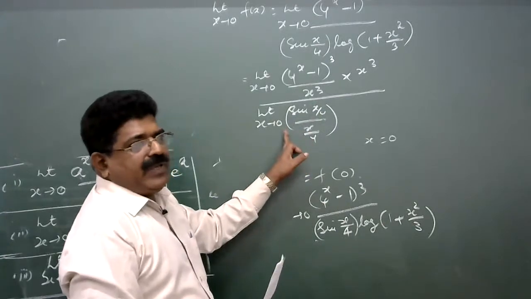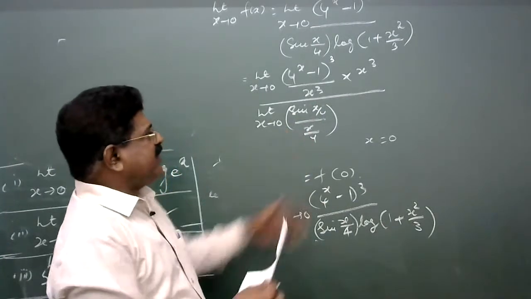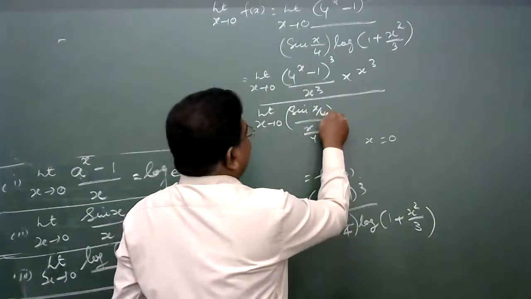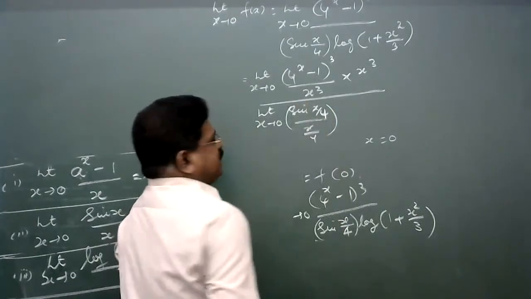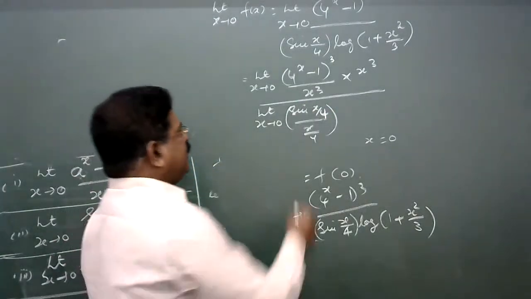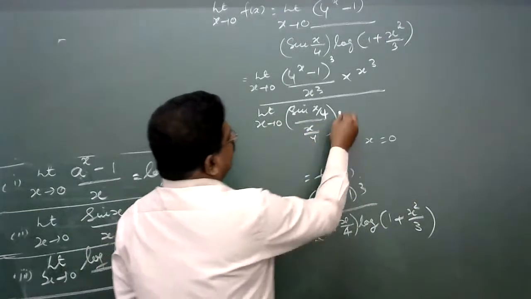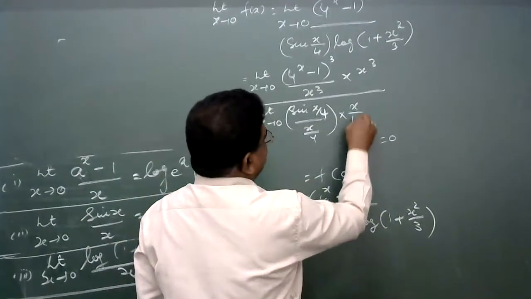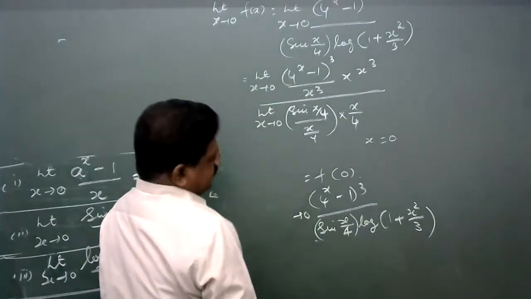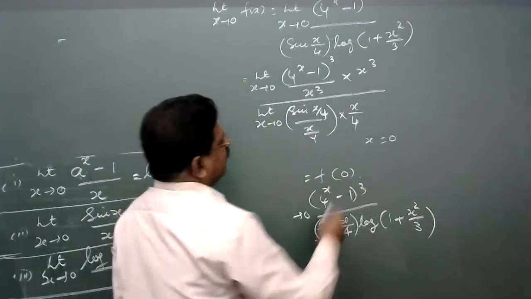Then only the limit can be applicable. Correct? So here, the limit as x tends to 0 of sine of x by 4, the whole upon x by 4 into x by 4, then there is no change in the function given in the denominator.